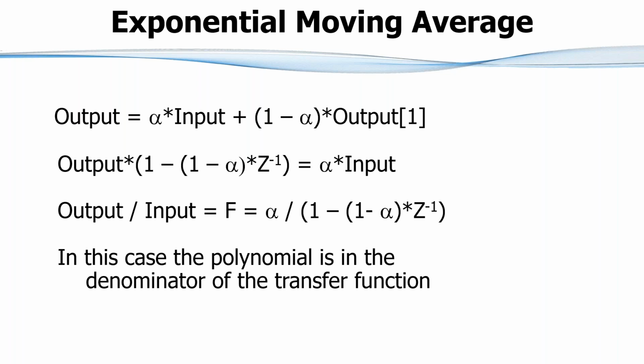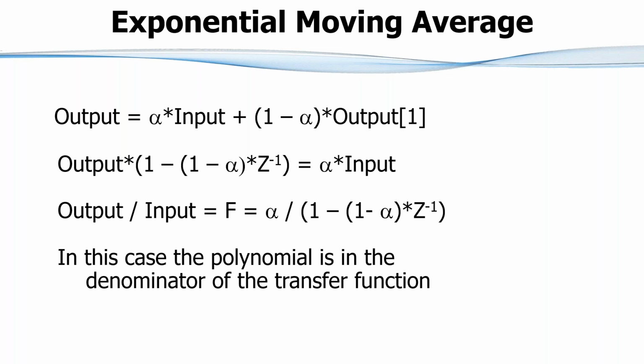ago. Well, if I use the same z to the minus 1 notation and move all of the output terms to the left side of the equation, now the output times the quantity 1 minus the quantity 1 minus alpha times z to the minus 1 is equal to alpha times the input.